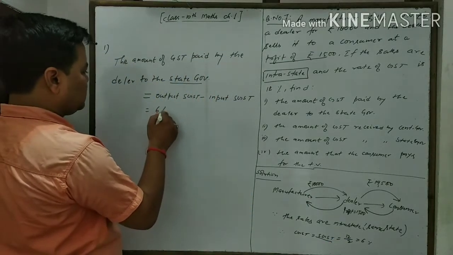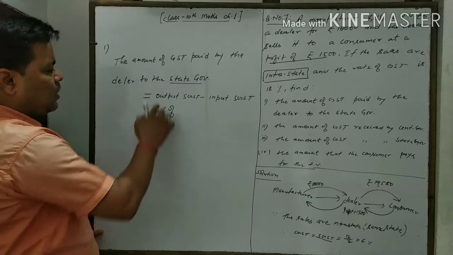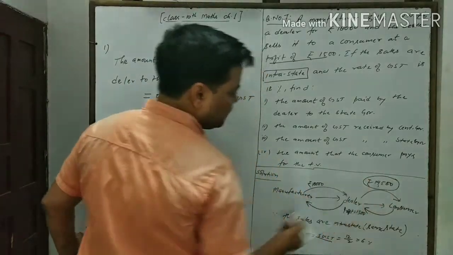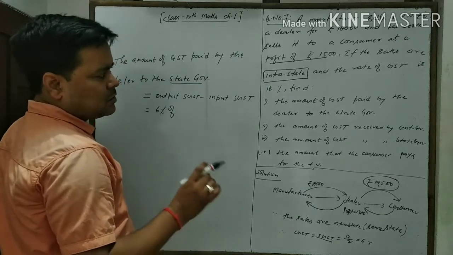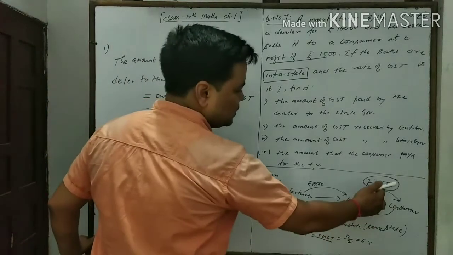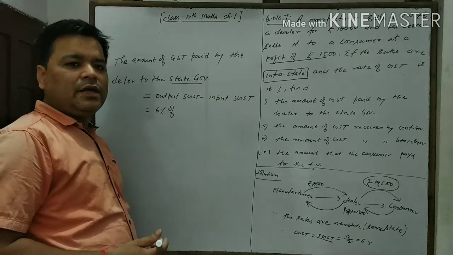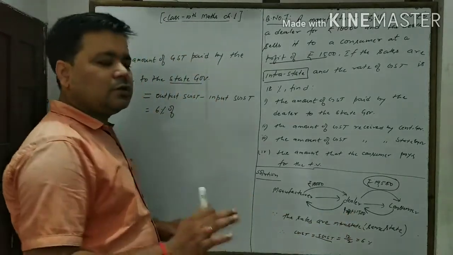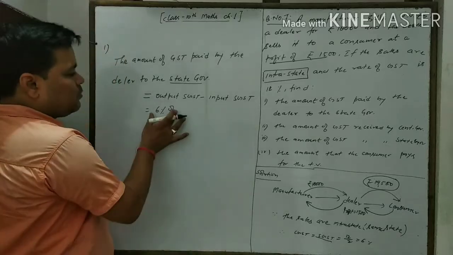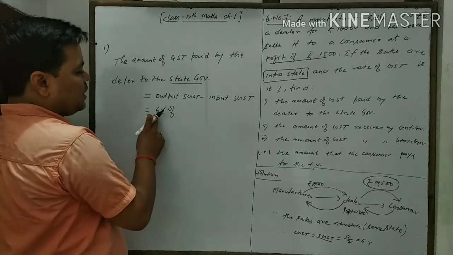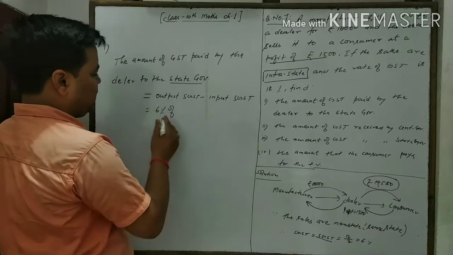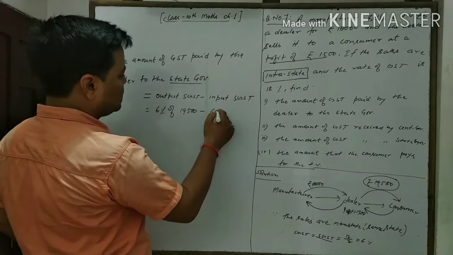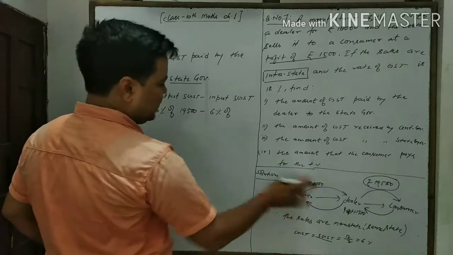The rate of SGST is 6%. Output SGST will be calculated on 19,500, because the cost price of the TV for the consumer is 19,500 including profit but excluding the GST. So 6% of 19,500 minus 6% of the input price, 18,000.